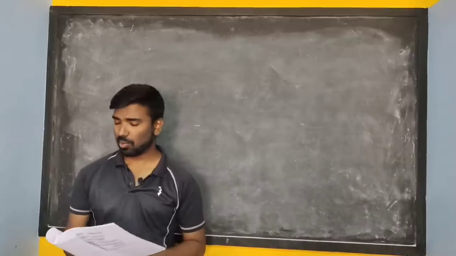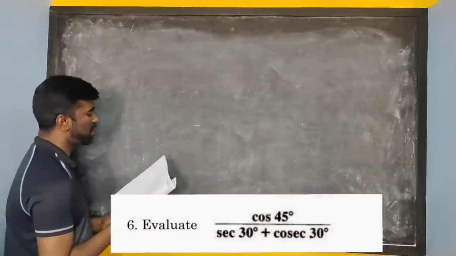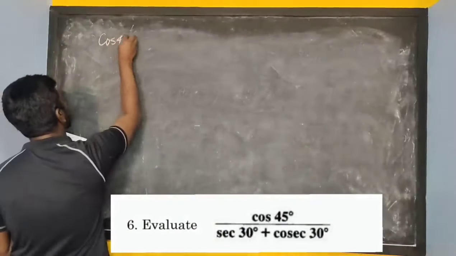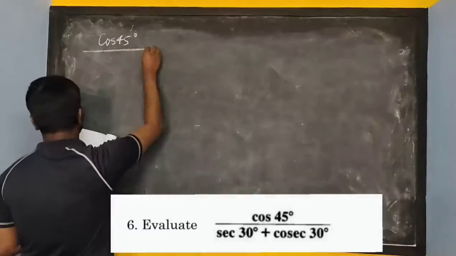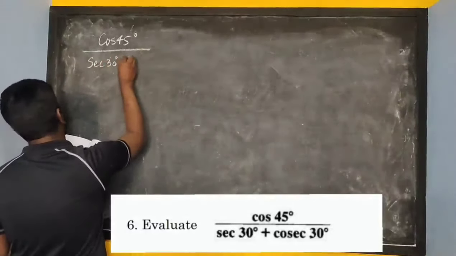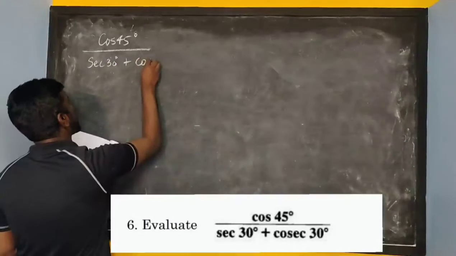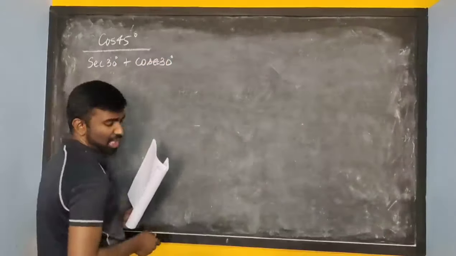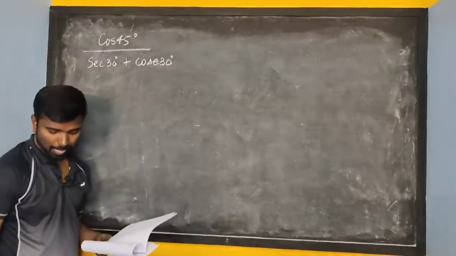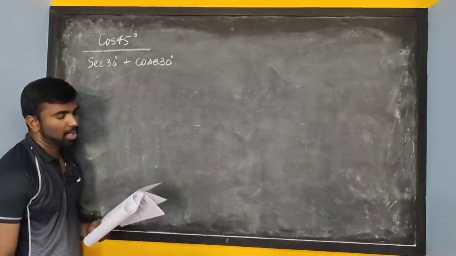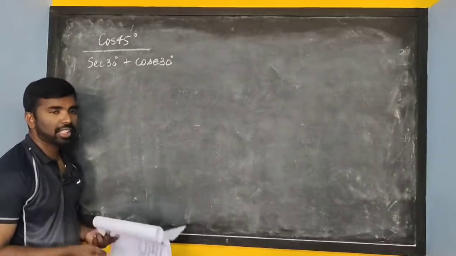Now moving to 6th question. Similar question. Evaluate cos 45 degree divided by secant 30 degree plus cosecant 30 degree.